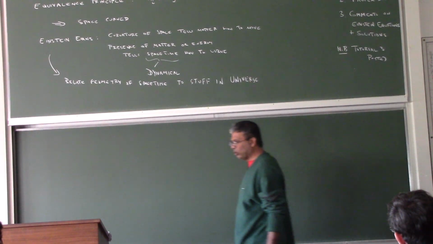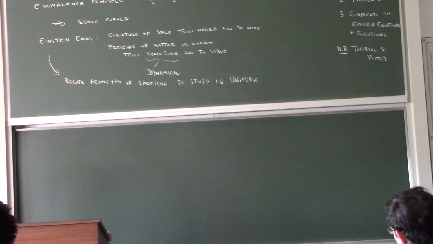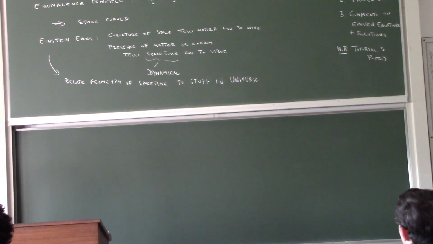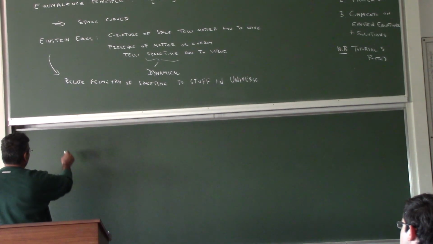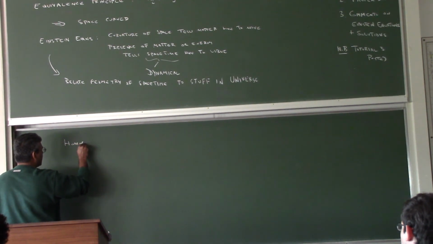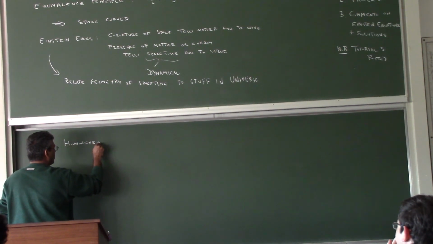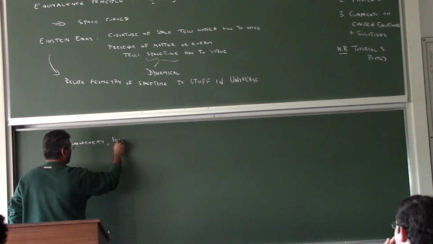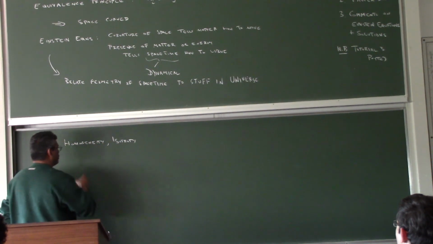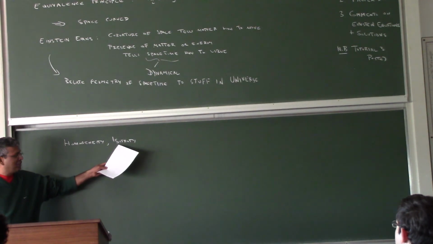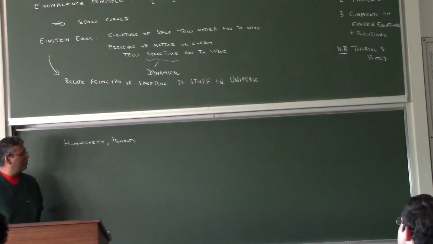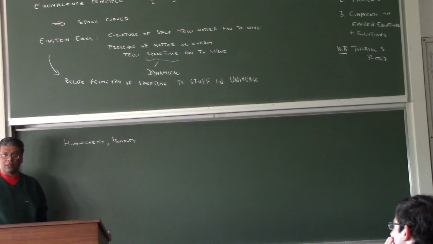So we looked at particular geometries last time, and these geometries were respecting homogeneity and isotropy. I'll remind you, homogeneity means that anywhere in the universe is equivalent to anywhere else in the universe. And isotropy means that from that position anywhere in the universe, any direction is the same as any other direction.